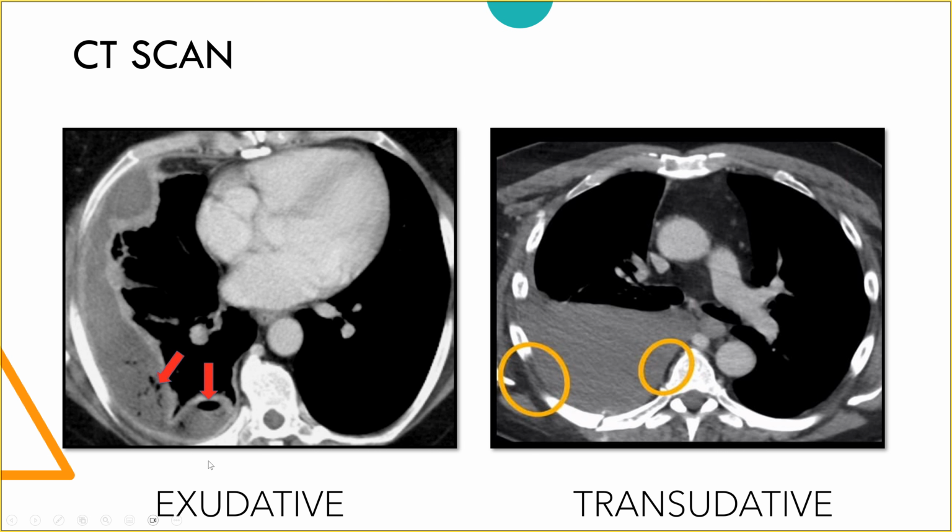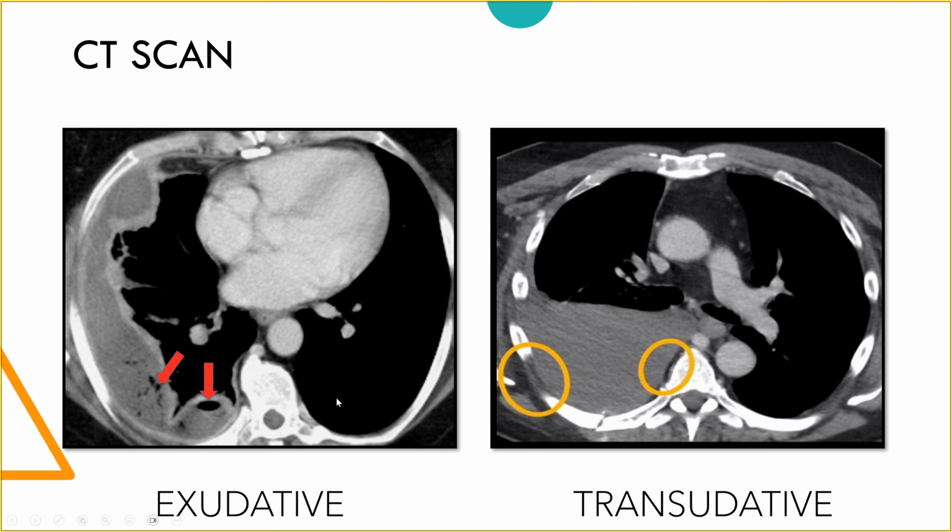However, exudative effusion can present as a loculated effusion along the lung. Secondly, we look for black shadows, which are indicative of gas-forming bacteria, which lead to small pockets of air in the pleural effusion.